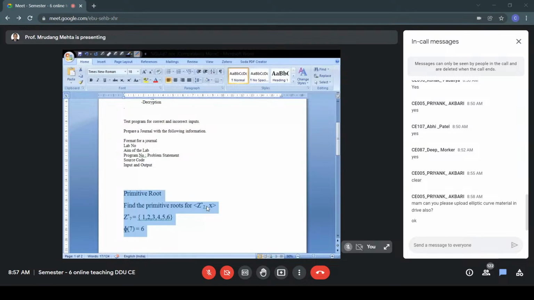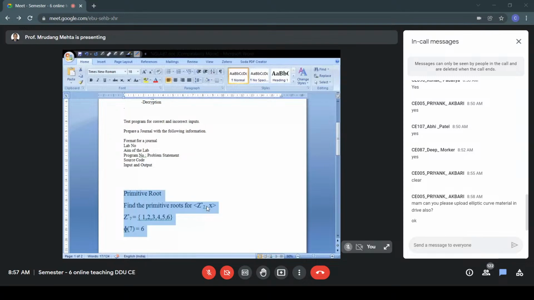Okay, I think you all are clear about it, so you don't need to understand it again. The elements of Z7 star are 1, 2, 3, 4, 5, and 6.